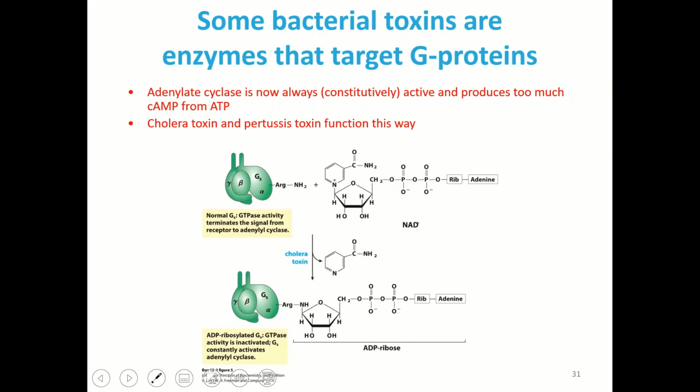What happens is they modify the alpha subunit of the G protein in such a way that it always activates the adenylyl cyclase, so adenylyl cyclase is always on, and you're going to be producing too much cyclic AMP from ATP. Okay, and that uses up ATP, which isn't good. And then you also have a lot of cyclic AMP floating around, which causes a lot of different physiological responses that don't necessarily need to be happening at that time.